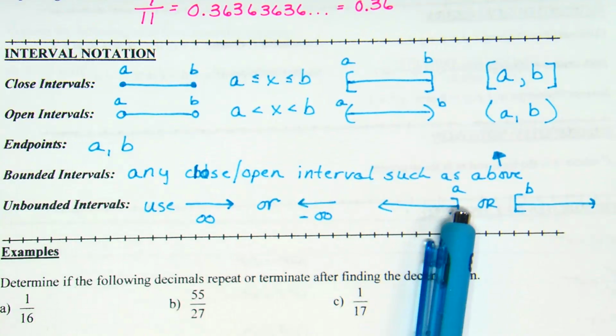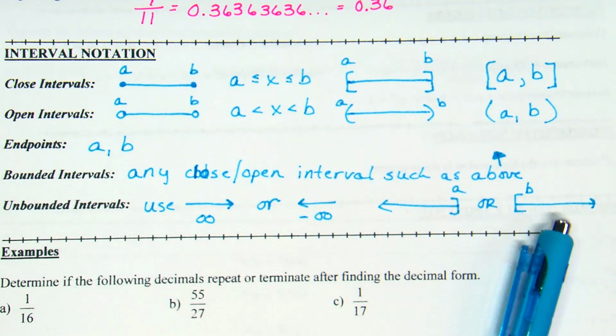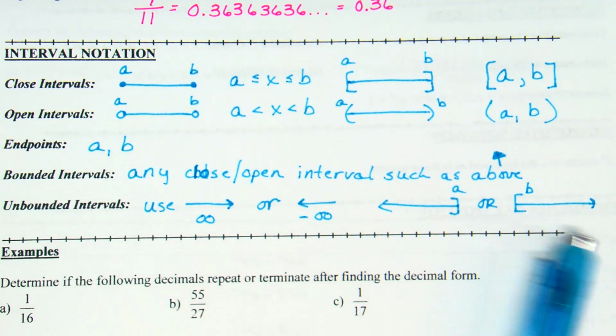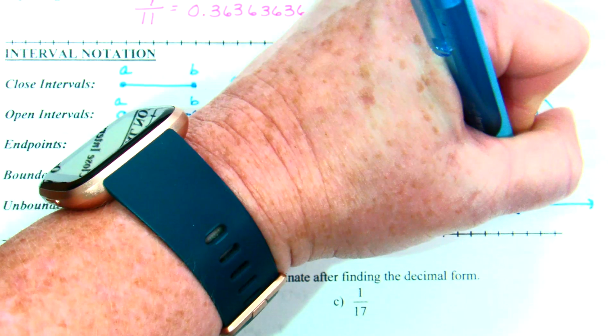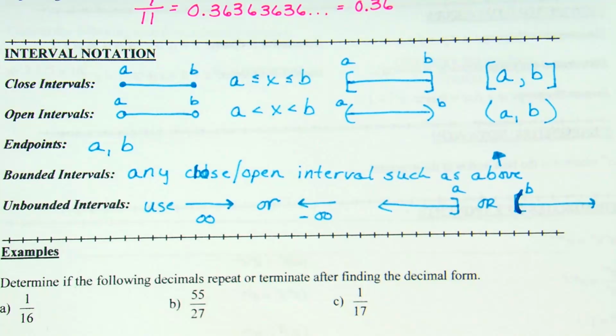Because there's a bracket here, like a closed-in circle, we'd say less than or equal to A. Or x is to the right of B, we would say greater than B. I just realized I meant to make that a parenthesis there. Sorry, I just glanced at my notes again, and I usually make that a parenthesis just to show the difference. So that would be x greater than B. In other words, it's not equal to, it's just greater than.